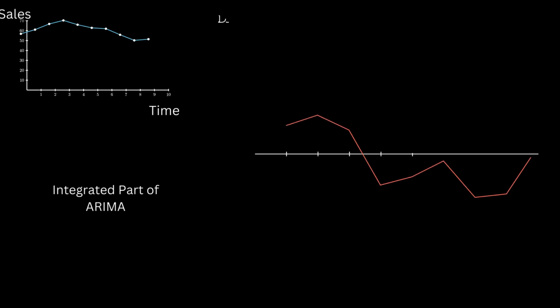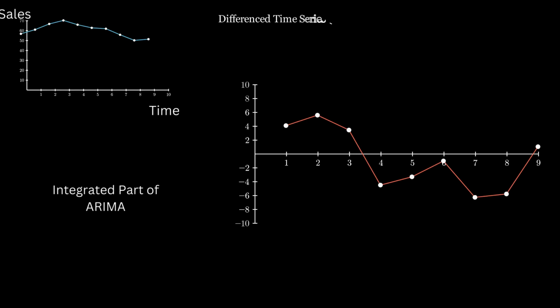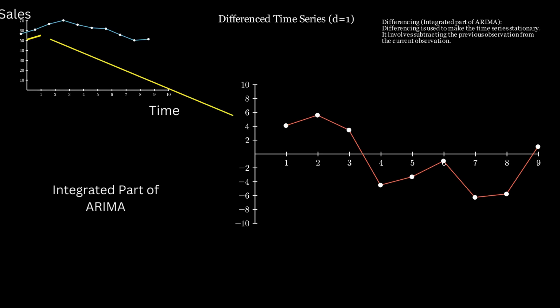The next part is the integrated part. To understand this, we have taken a small part of the sales data, which you can see in blue over there, and from this sales data we are getting the difference graph. We are differencing past values to get this graph here.